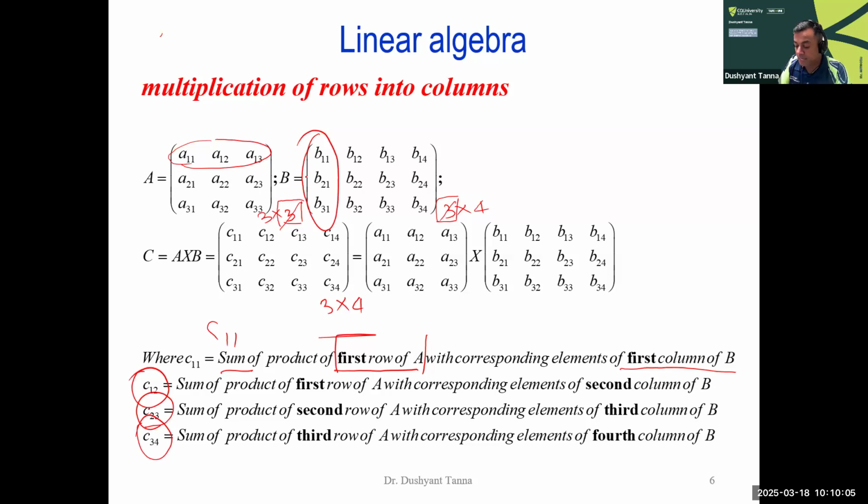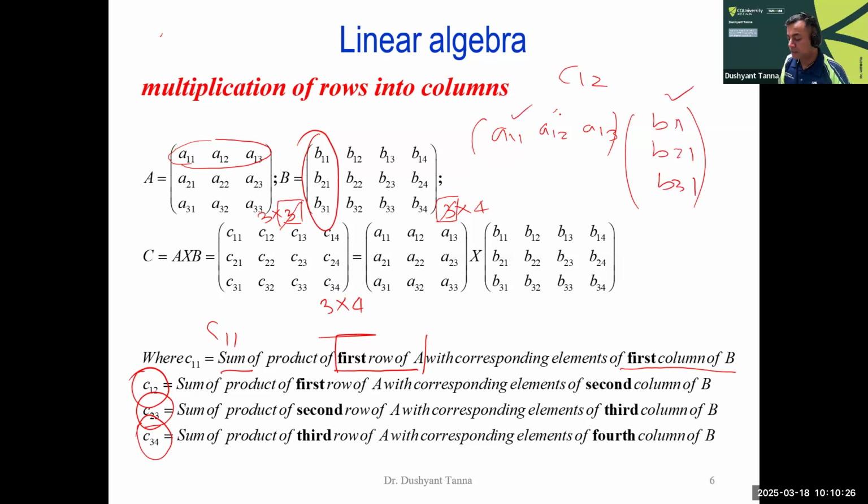So first row of A, which is A11, A12, A13, will be multiplied with, this is for C12, B11, B21, B31, the corresponding elements. When we say corresponding element, first with the first, second with the second, and third with the third.